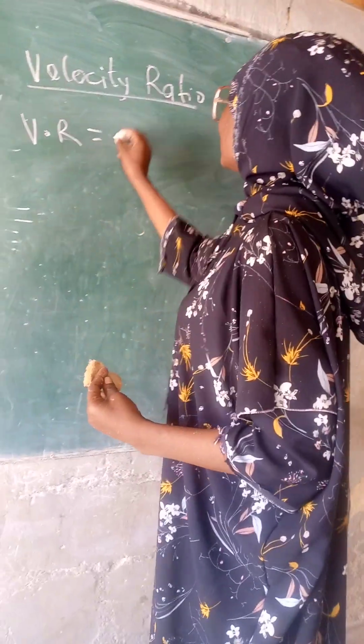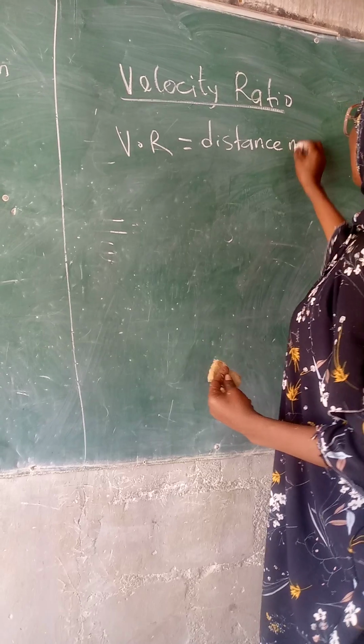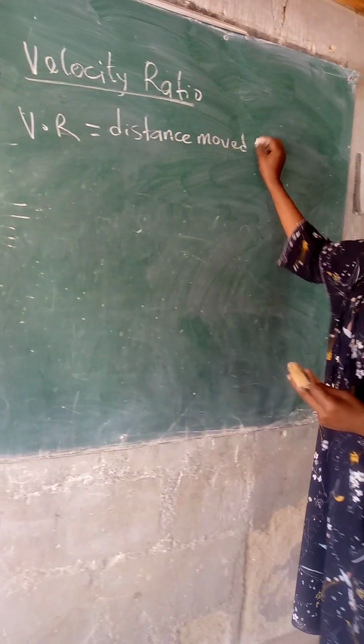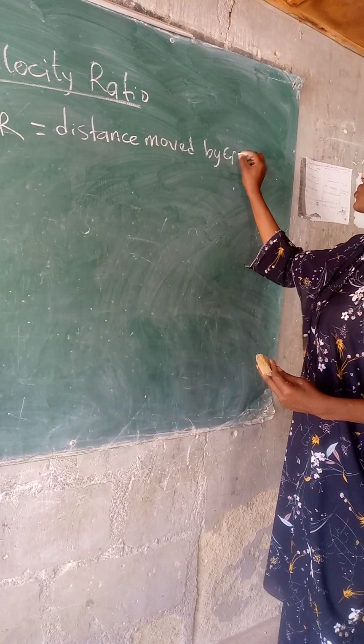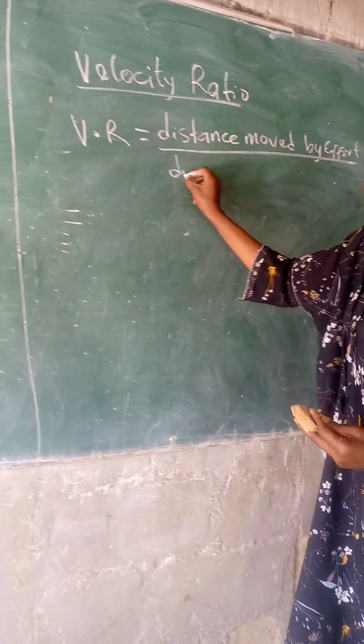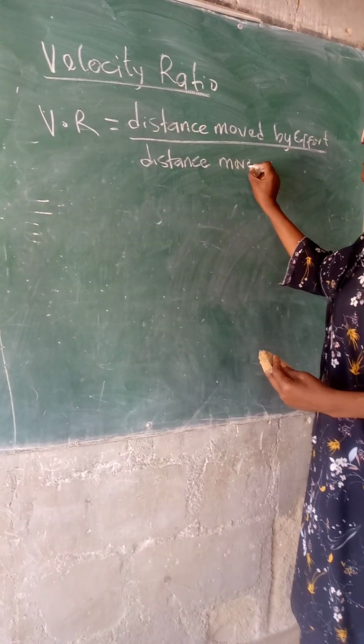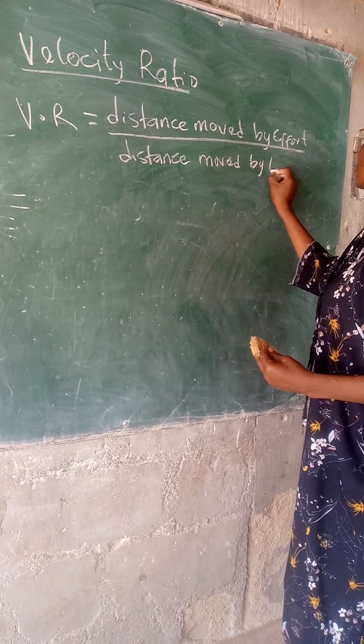So VR is equal to distance moved by effort all over distance moved by load.